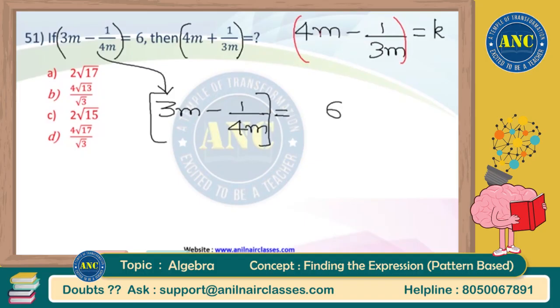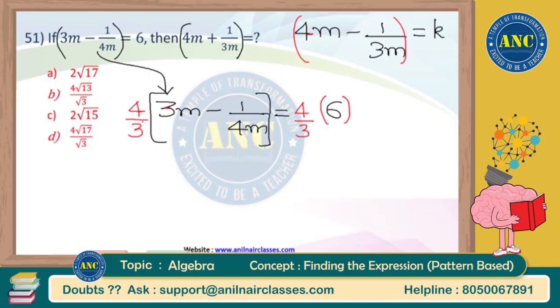So the coefficient of m should be 4. Multiply the entire left hand side by 4, and the right hand side also by 4. And the coefficient of m should only be 4, this 3 should not be there. To cancel that 3, divide by 3, left hand side and right hand side both.